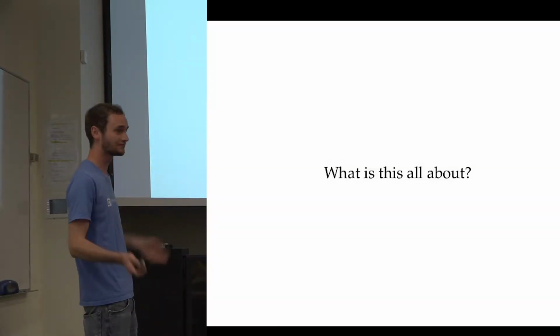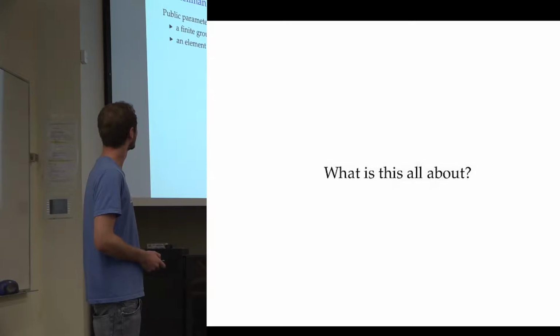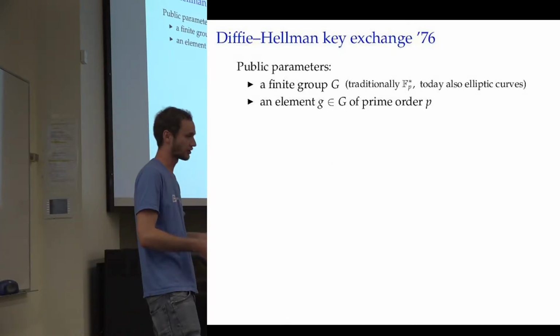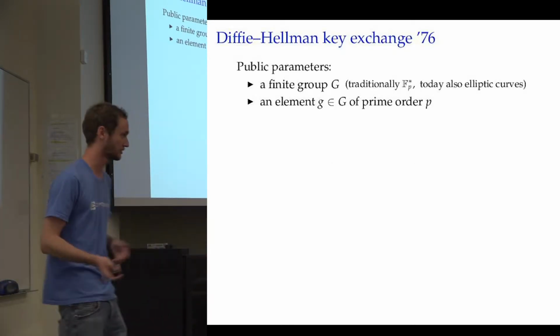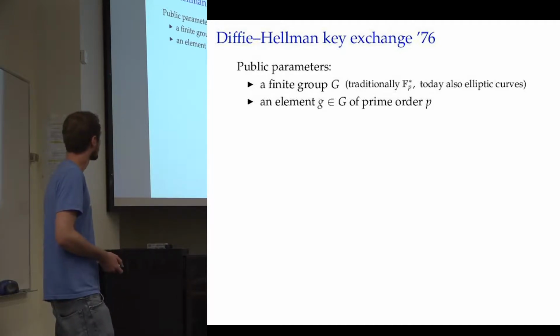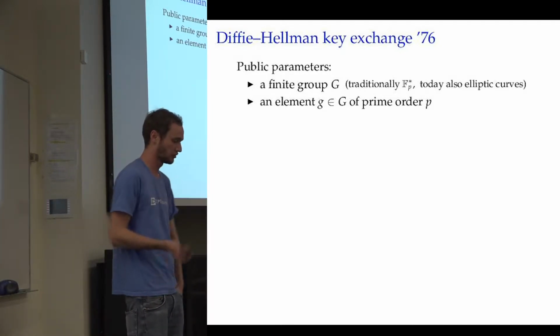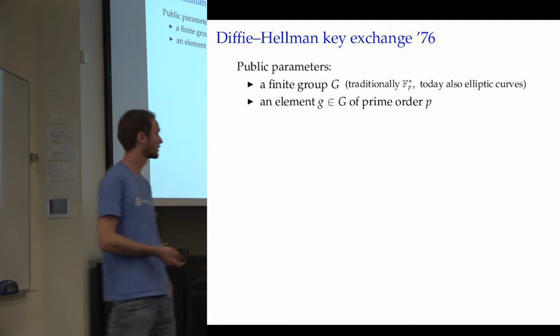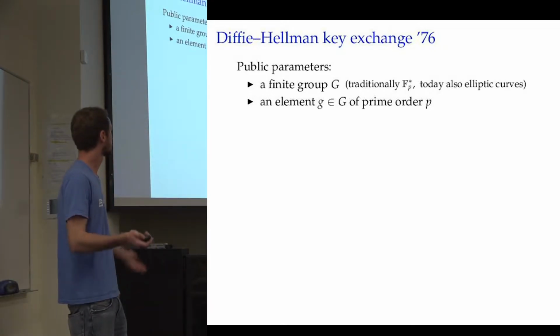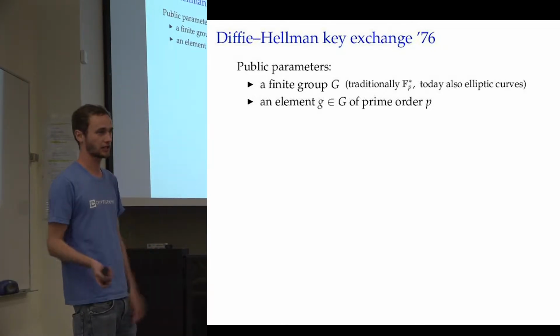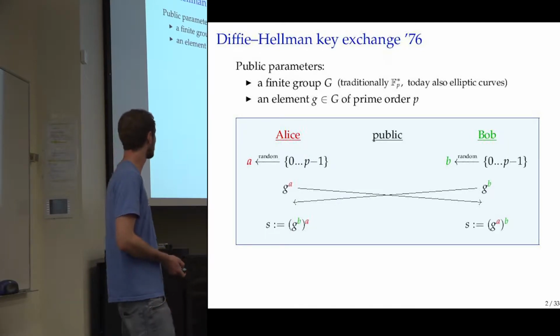Right, so what is this all about? This introduction starts from a thing that I guess everybody here knows. If you just think about Diffie-Hellman, the normal Diffie-Hellman protocol that was presented in the 70s, it works in a finite group. You start with some generating element, ideally of big prime order, else it's insecure.